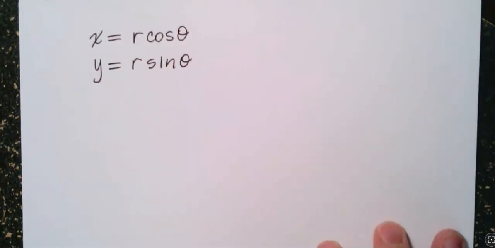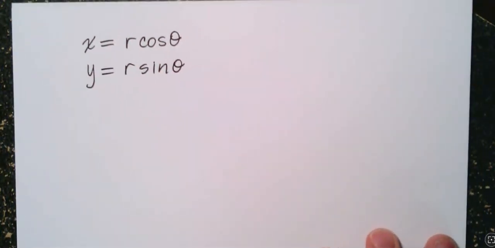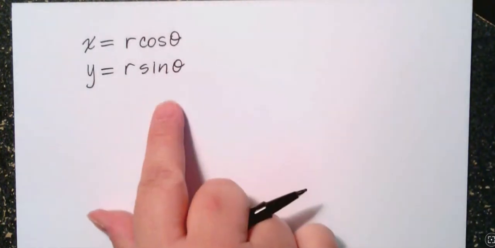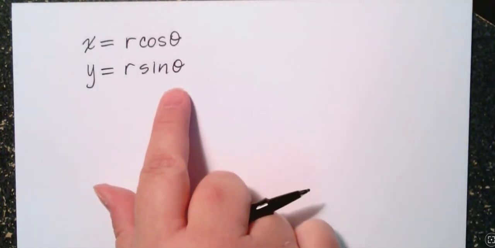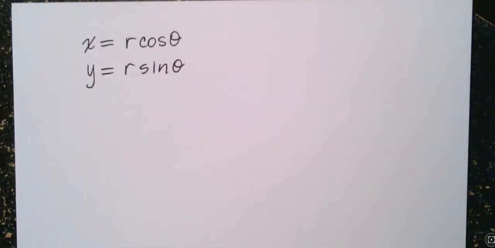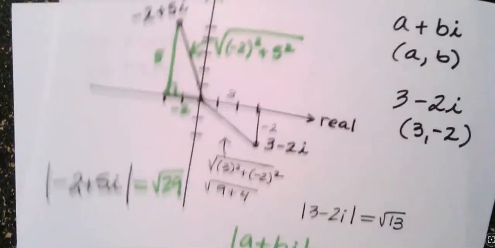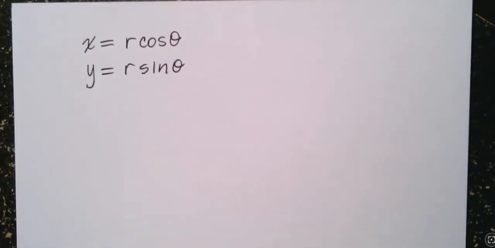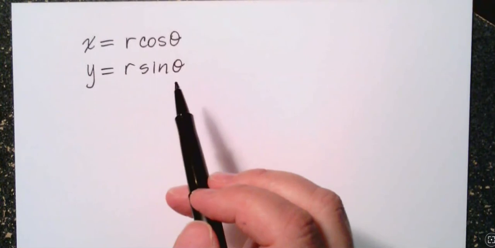And again, I have a video where we talk about how to come up with this. This is not very hard to come up with because cosine is adjacent over hypotenuse. And if we use any of these pictures that we've been drawing, go back to the very beginning, and want to talk about our x values and our y values in terms of r and theta, it would be pretty easy to come up with that.